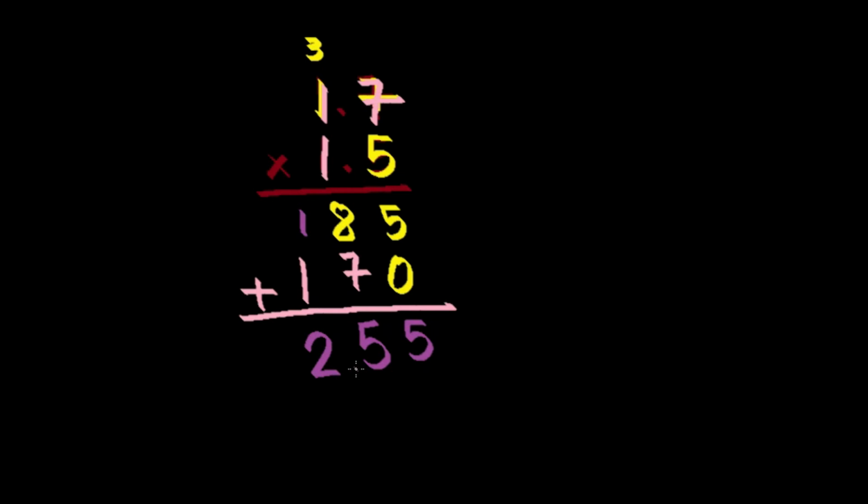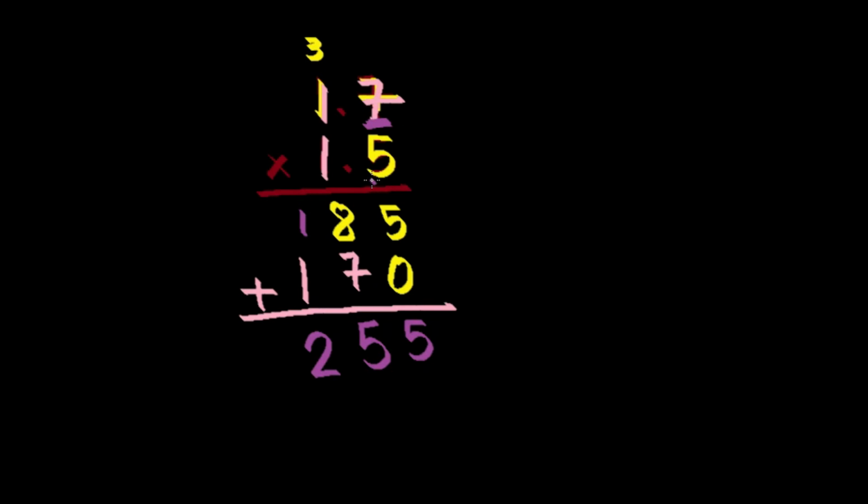My product is done. Now I'm going to come back to the factors, and I need to see how many factors are decimals. In this example, both factors are decimals, so I'm going to count the digits after the decimal point. The first factor has a 7 after the decimal point. That's one digit.